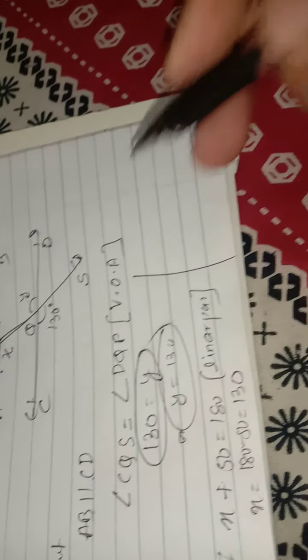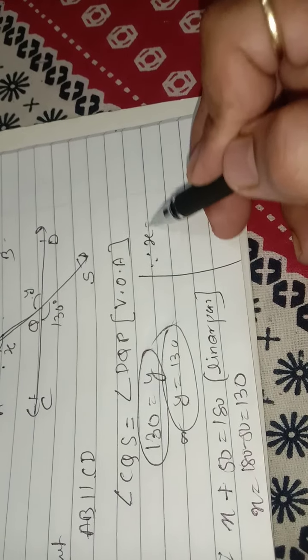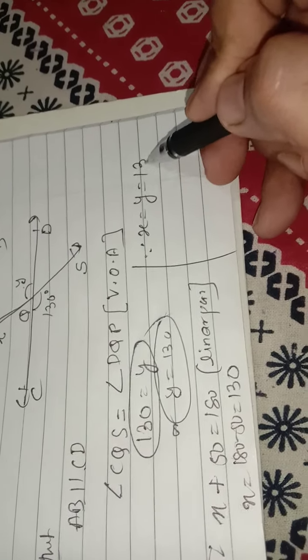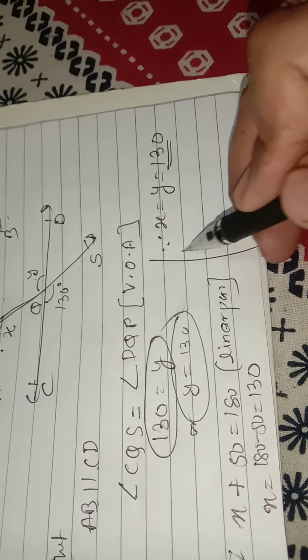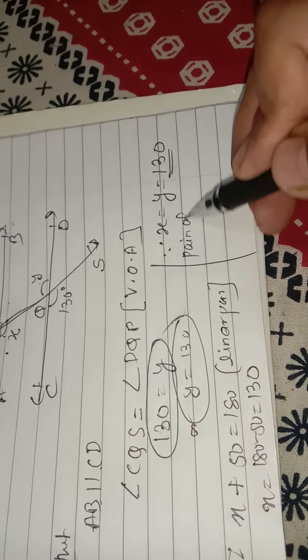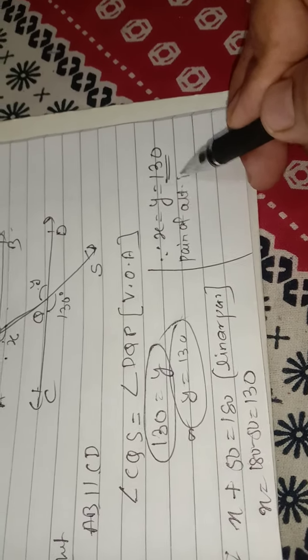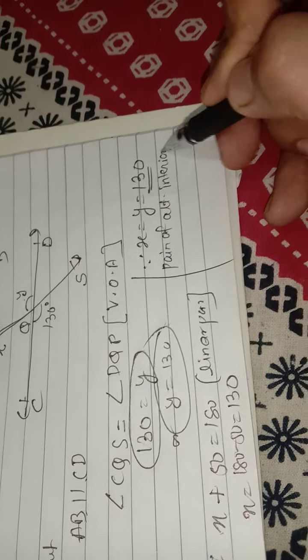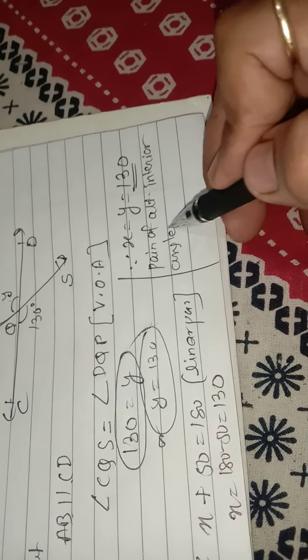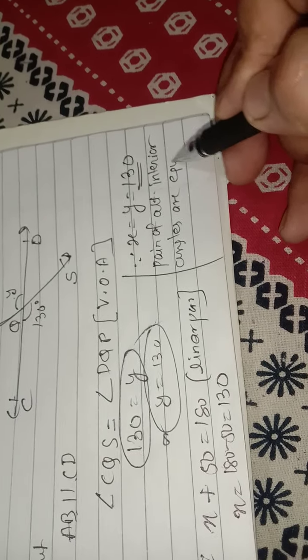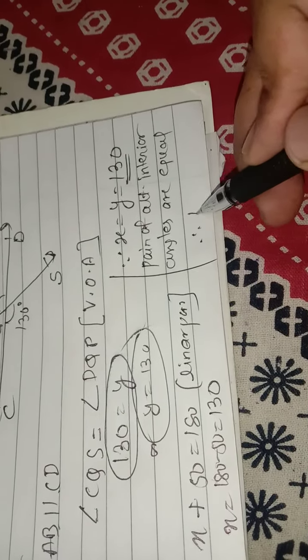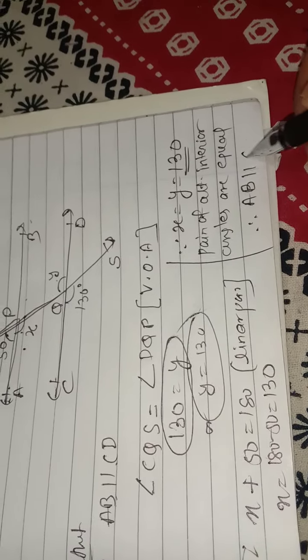Now you can see that since x is equal to y is equal to 130, that is a pair of alternate interior angles that are equal. So we can say that therefore AB is parallel to CD. Clear?